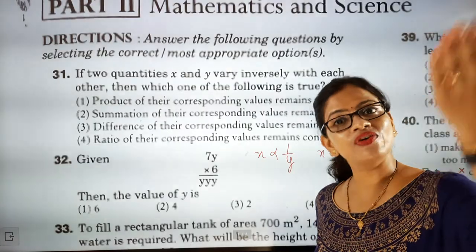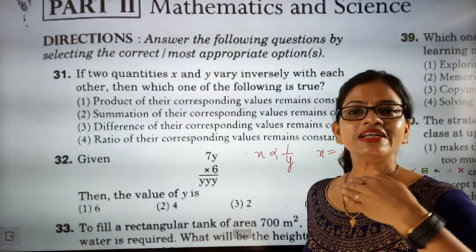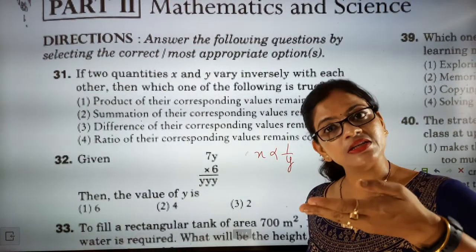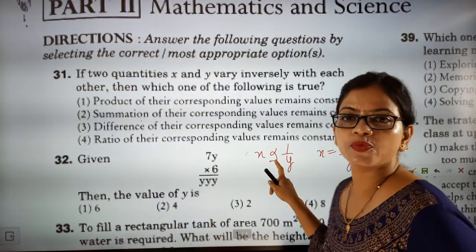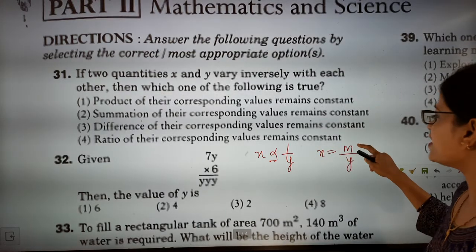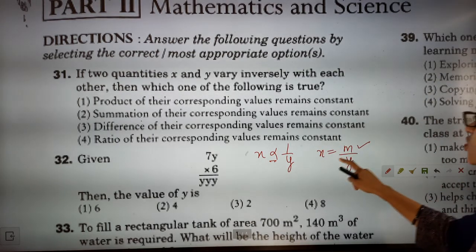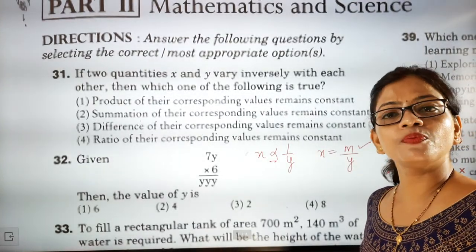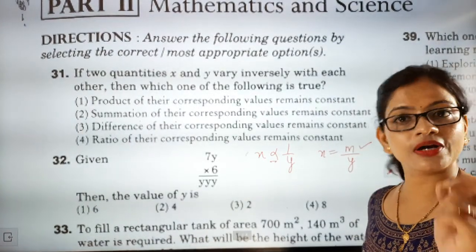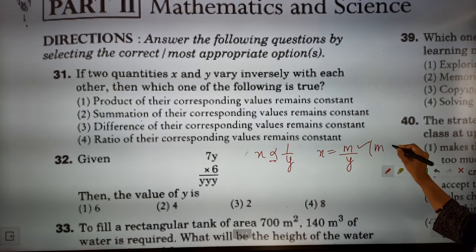Proportionality means if one increases, the other decreases, but by exactly what value we don't know. So to remove the sign of proportionality, we write some constant, and the moment we add a constant, it becomes equal. Here m is a constant.